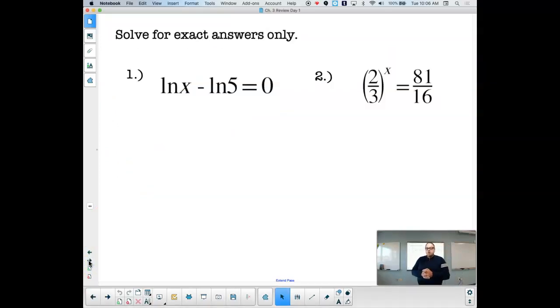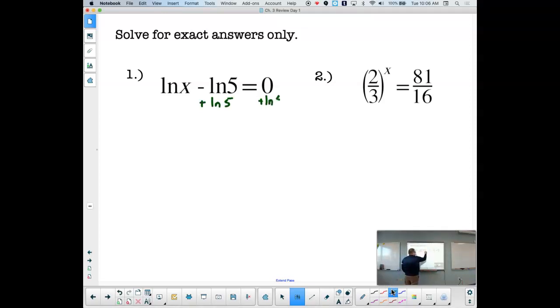Okay? So we want to solve these for exact answers only. Now there's a couple of different ways that you can think about this. First way to think about this is we could add the natural log of 5 to both sides. And then that would give me the natural log of x equals the natural log of 5.